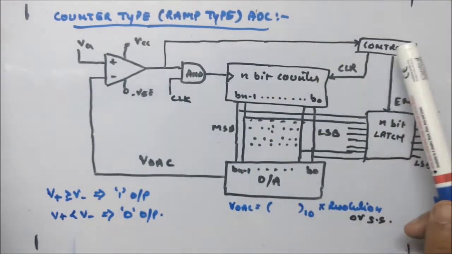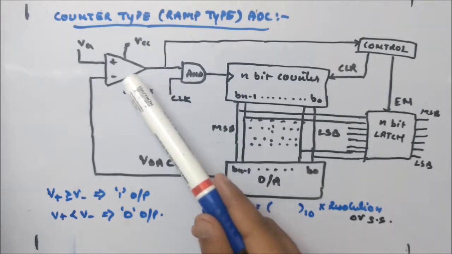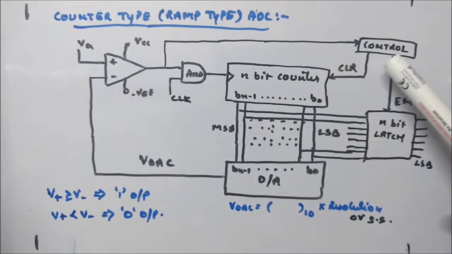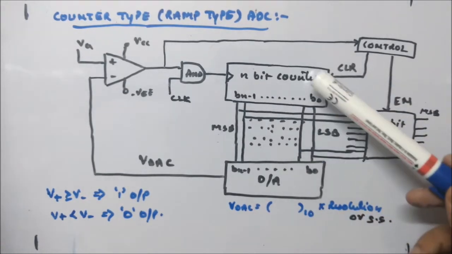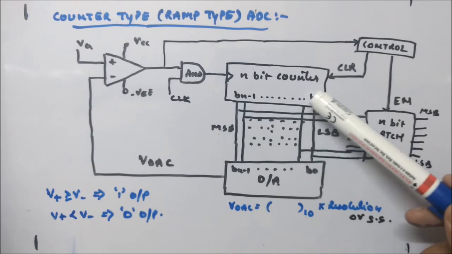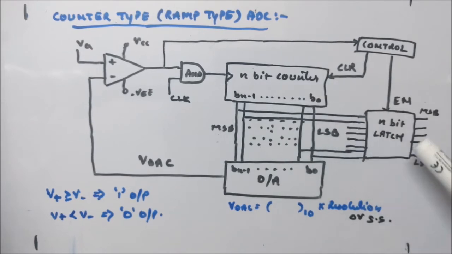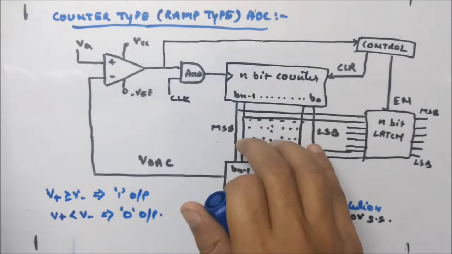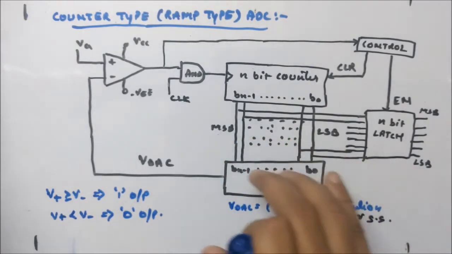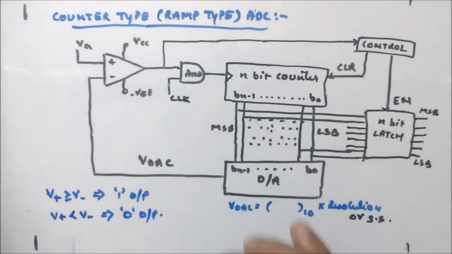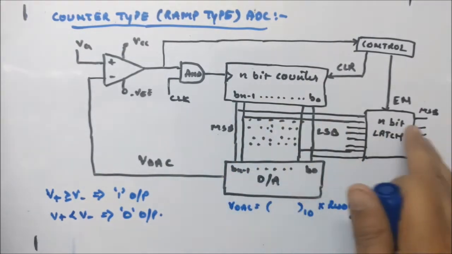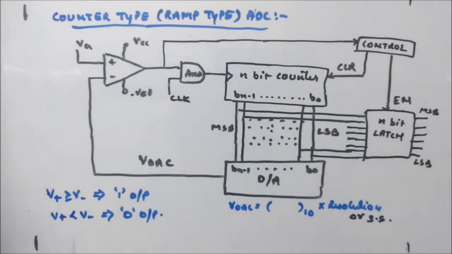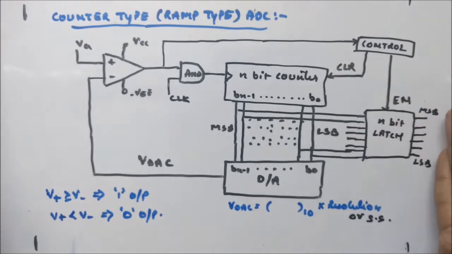As soon as the control circuit sees that the comparator output is 0, it will do two things. First, it will enable the N bit latch, and it will clear the counter. Clearing means all zeros, and latching means whatever was the output from MSB to LSB of the counter will be latched to this latch.